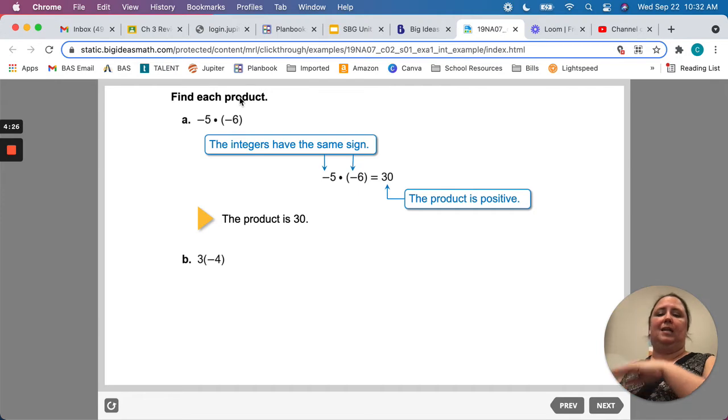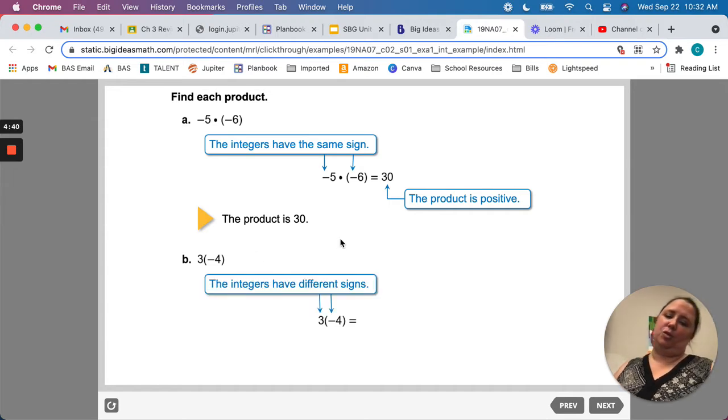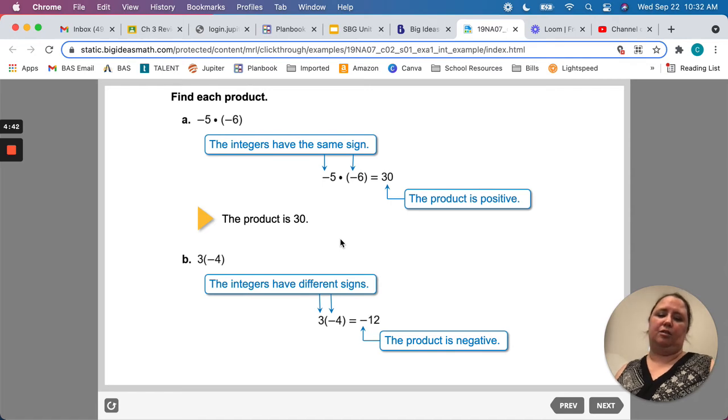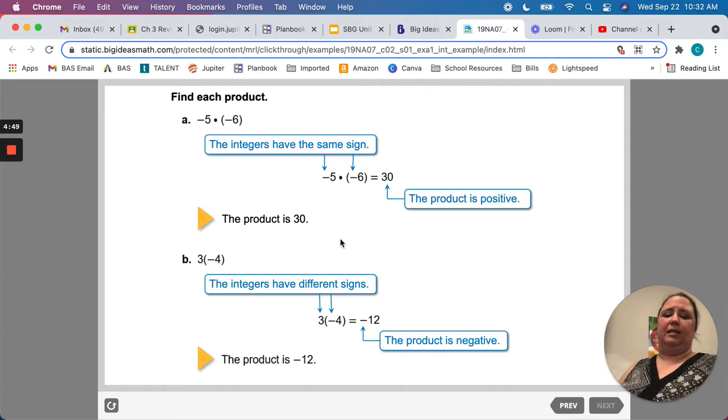So we're doing 3 times -4. We have one negative here, so what's my answer going to be? -12. It is going to be negative. And then what is 3 times 4? 12. So the product of this equation is -12.